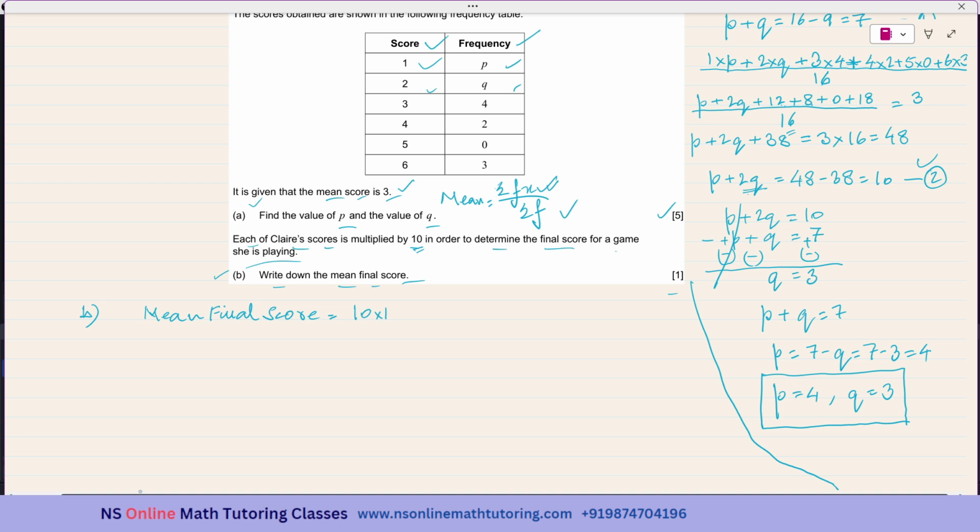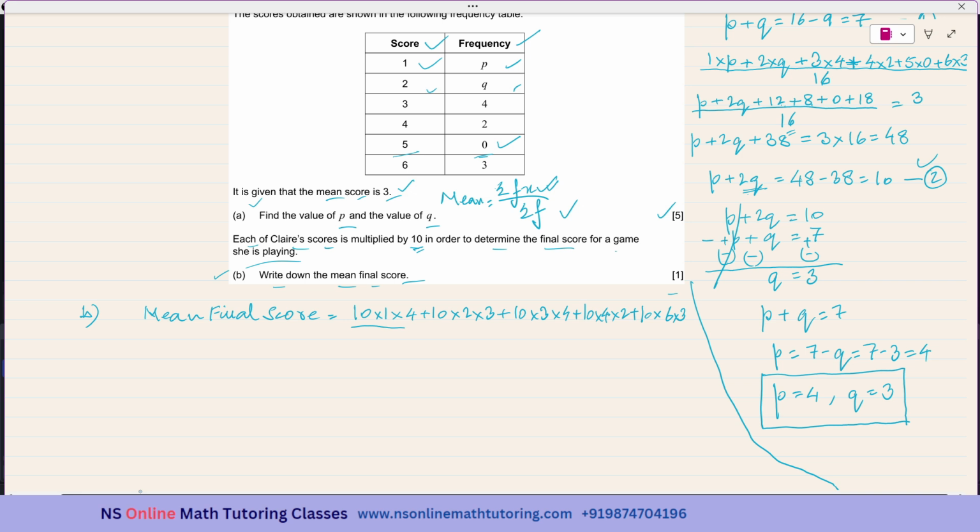So 10 times 1 is the score, it is getting multiplied by the frequency, which is 4, plus 10 times 2 times 3, plus 10 times 3 times 4, plus 10 times 4 times 2, and I am not writing the 0 thing. It will be 10 times 5 times 0 because I don't have much space remaining. And then it is 10 times 6 times 3.